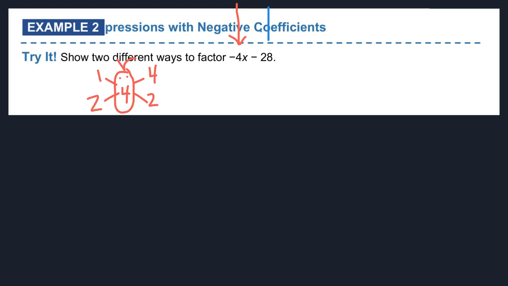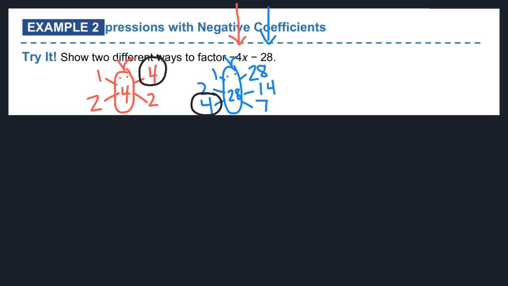I need a 28 bug. 28. 1 times 28. 2, I know it's even, and 14. 3 doesn't work. 4 goes in 7 times. 5 doesn't work. 6 doesn't work. Okay, I'm done. So I'm going to look at my two bugs and find the biggest leg in common. 4.